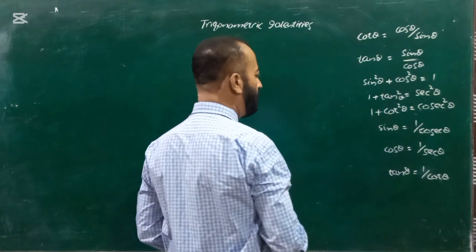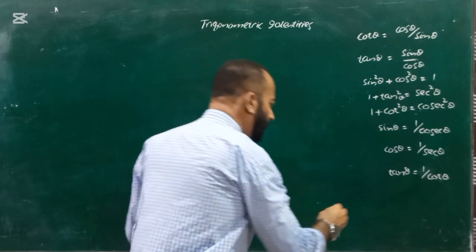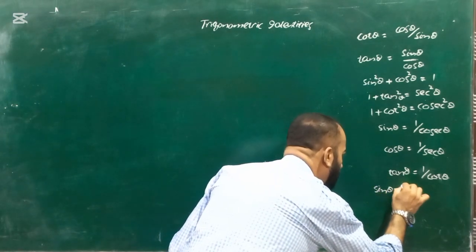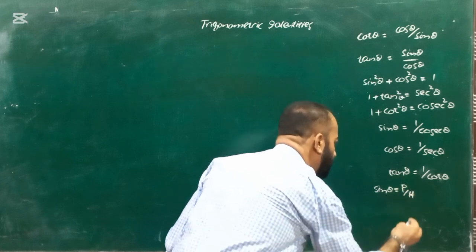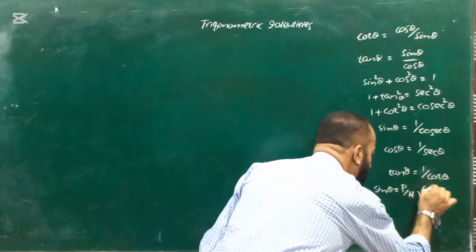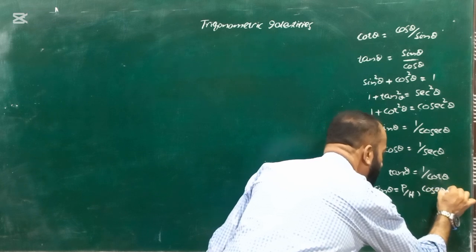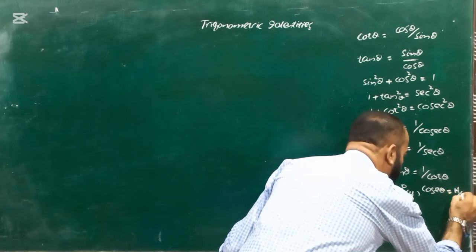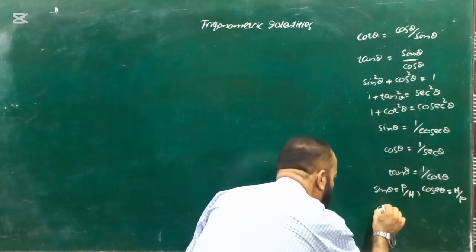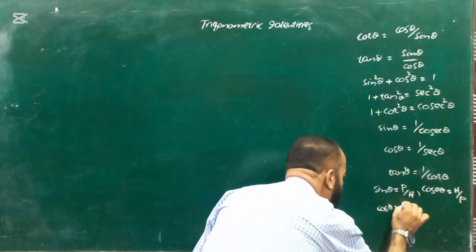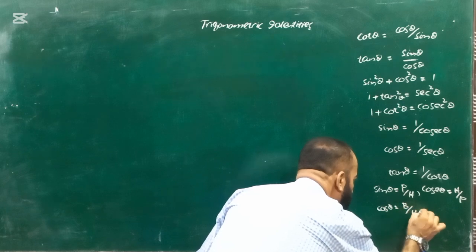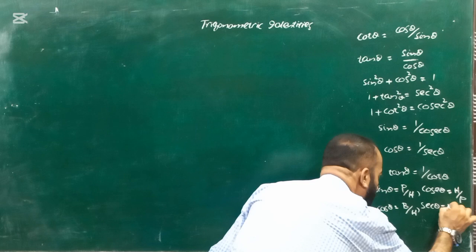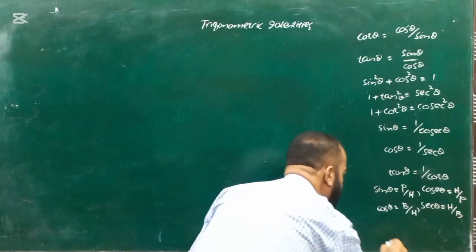At the same time, you have to remember some more things. If sine theta is equal to perpendicular over hypotenuse, then cosecant theta will be equal to hypotenuse over perpendicular. Likewise, if cos theta is equal to base over hypotenuse, then secant theta will be equal to hypotenuse over base.